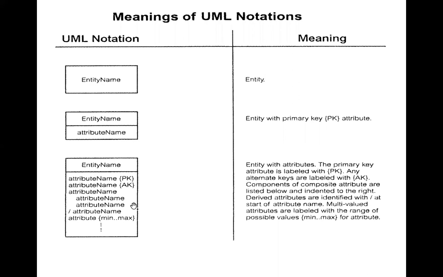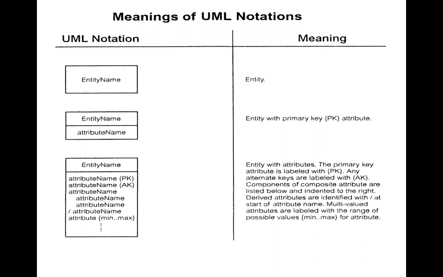We also have a derived attribute. If you have a derived attribute, you would start it with a slash. A derived attribute is a calculated attribute. It's something that does not exist in the database directly.